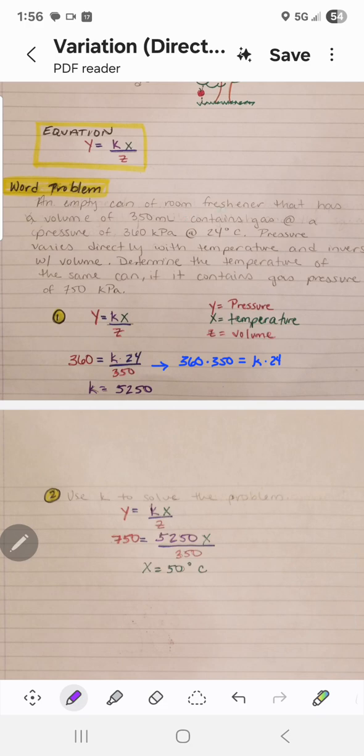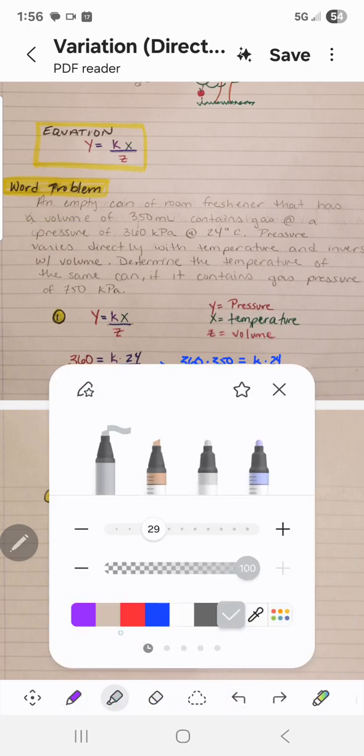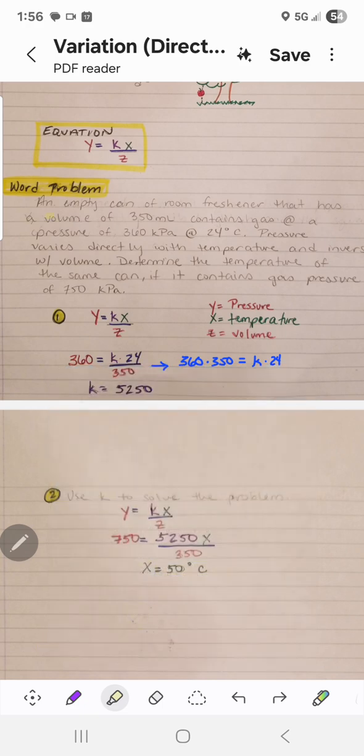An empty can of air freshener that has a volume of 350 contains gas at a pressure of, at a temperature of. All right. It tells you right here, pressure varies.